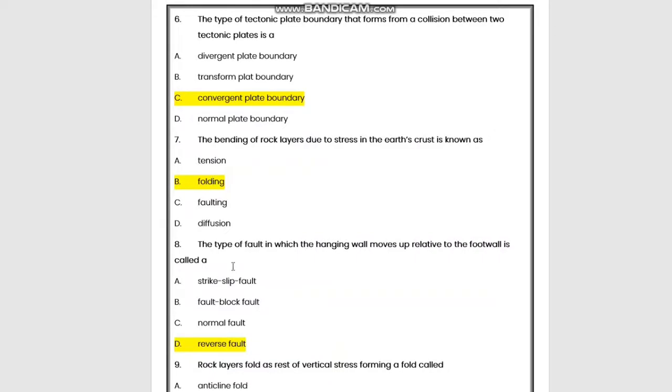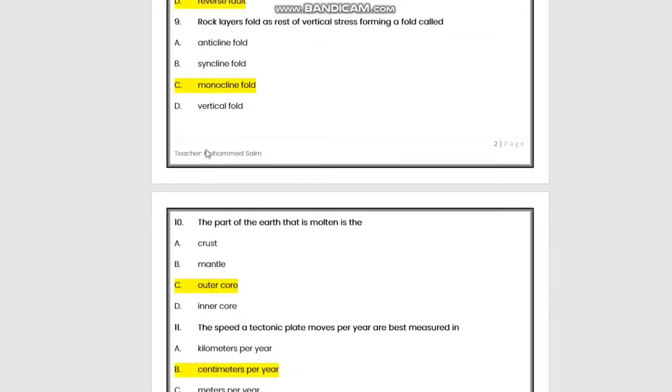Next question. The type of fold in which the hanging wall moves up relative to the footwall is called reverse fold. Of course, this is the best answer. Next question. Rock layers fold as a result of vertical stress, forming a fold called monocline fold. So the vertical is monocline, and we have anticline, syncline. They are important to know as well.